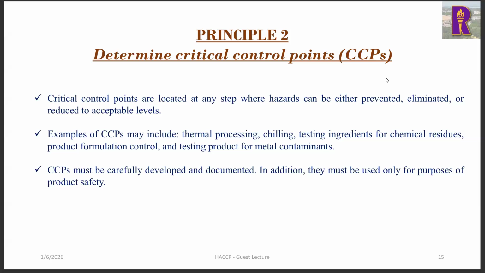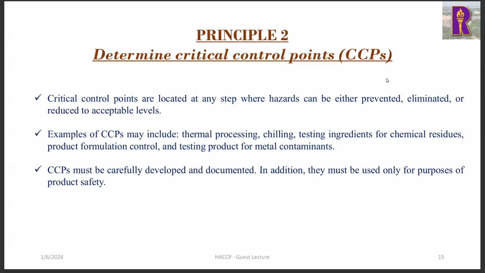It can be any critical control point. For example, thermal processing, that is the temperature, comes under critical control points. When I go for milk or any chilled product, it goes for the chilling temperature, which is basically 4 degrees.